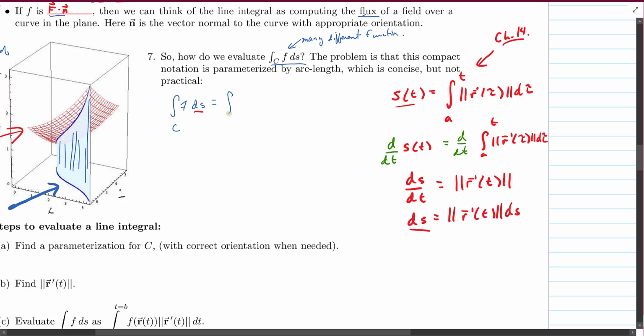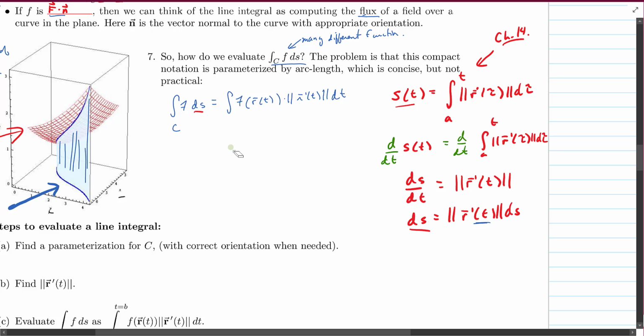So I can rewrite our line integral as the integral over c of f of, now because I'm applying some sort of parameterization, I need to put not x, y and z, but f of r of t, times the magnitude of the derivative of our parameterization, dt.